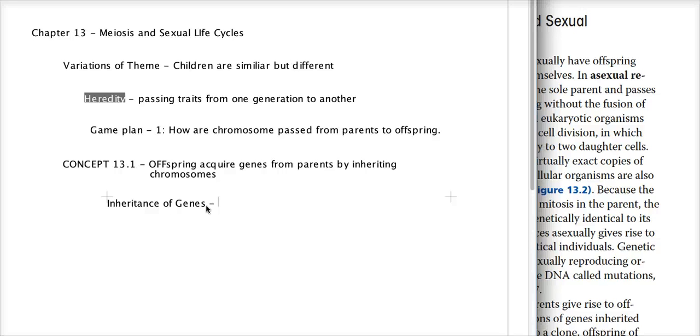If I look at the first paragraph: parents endow their offspring with coded information in the form of hereditary units called genes. Well, that essentially is a definition. So I probably want to go to genes and just put what that is.